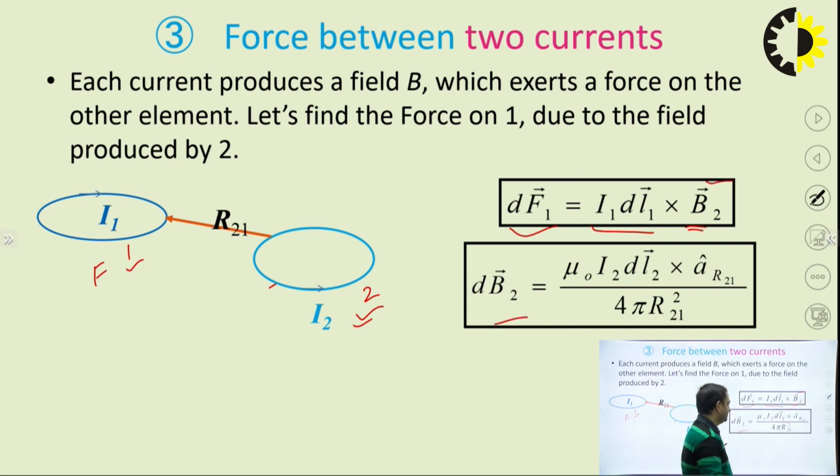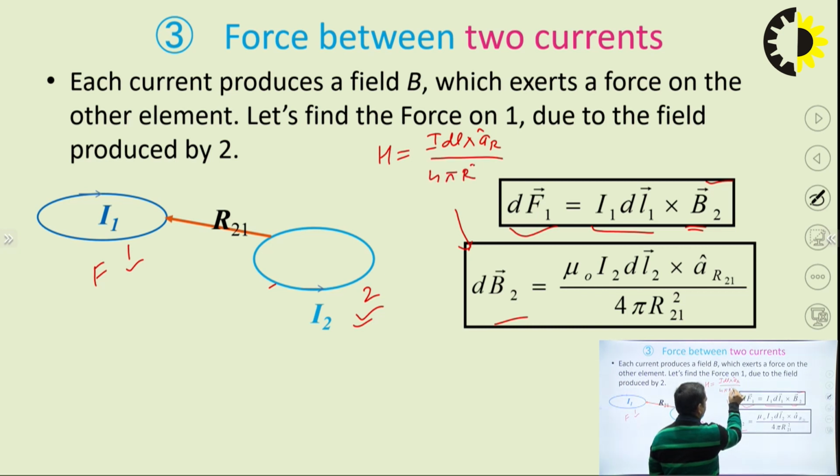So this dB2 is equal to mu naught I2 dL2 cross aR21 upon 4 pi R21 square. This is by using the Biot-Savart's law. If you are very clear about that, it will be very easy to understand. That was equal to I dL cross aR divided by 4 pi R square.